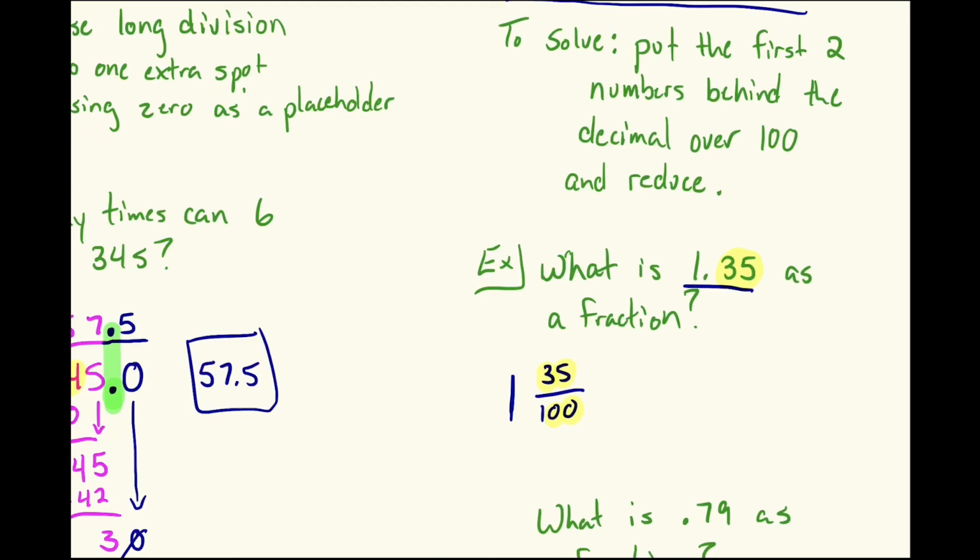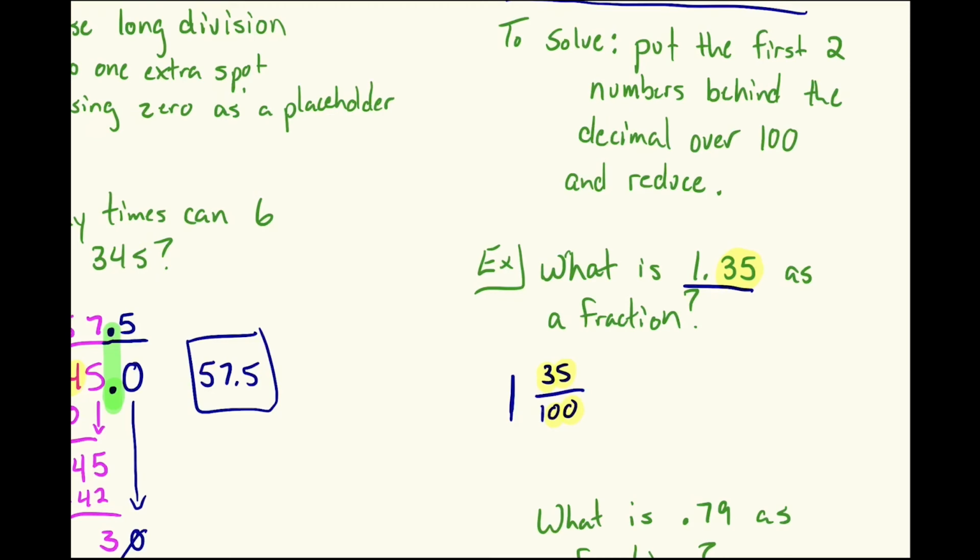If there were 7 numbers behind the decimal point, you would put all 7 numbers over 1 and then 7 zeros behind it. As long as the number of zeros and the number of places behind the decimal match exactly, you're in good shape. Okay, so now all we have to do is just reduce that fraction, which was 35 over 100.